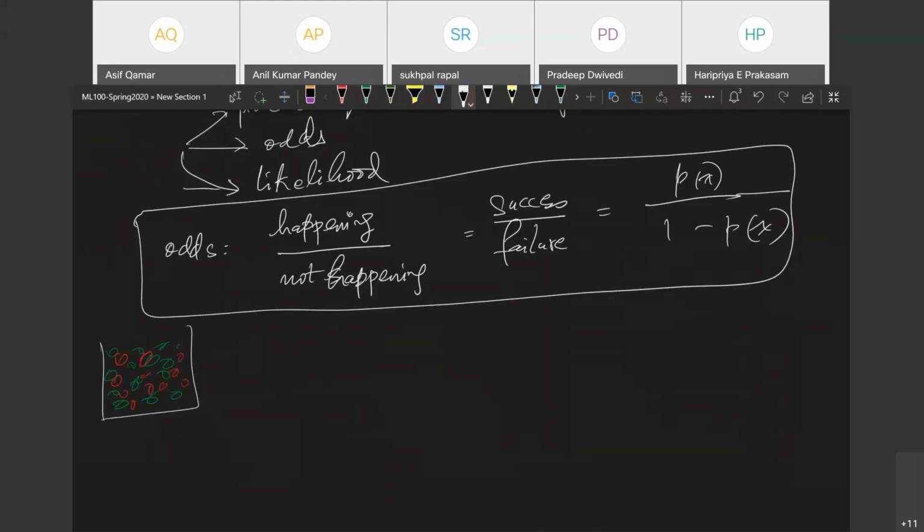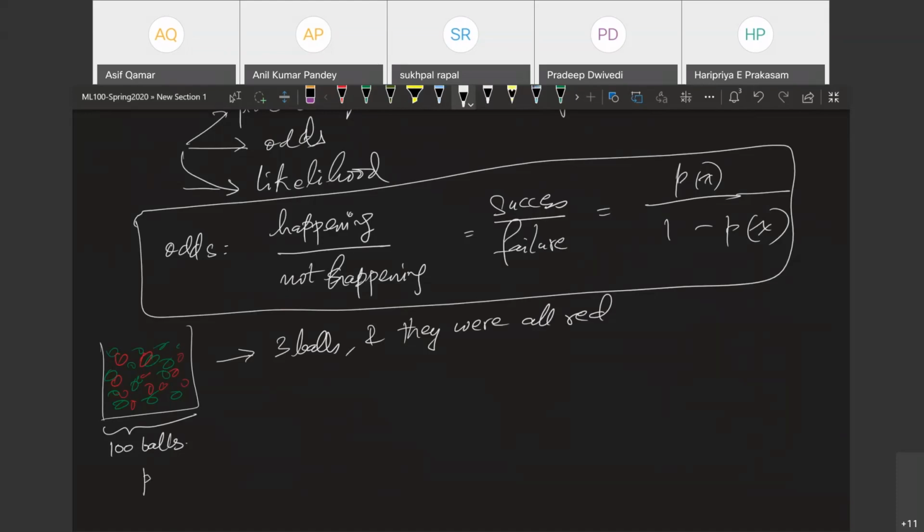All you know is you took out 3 balls and they were all red. Now, suppose I tell you that there are 100 balls here.